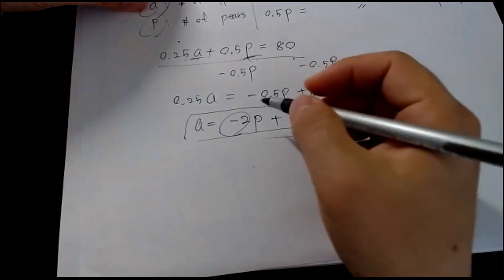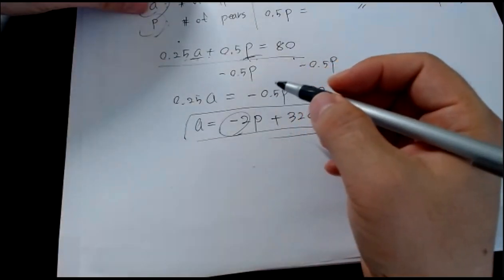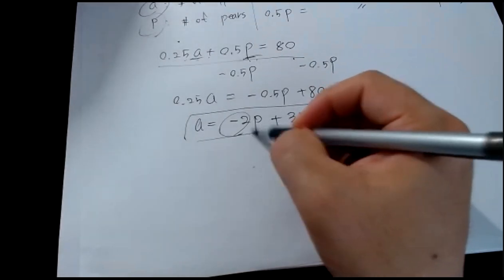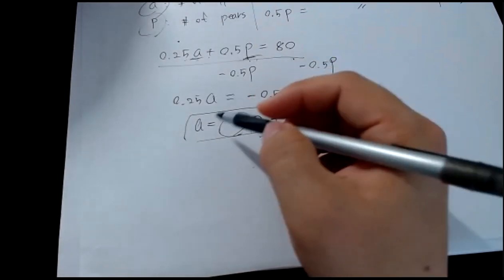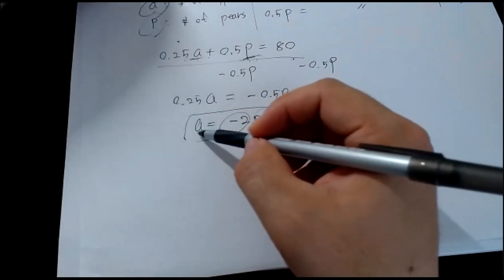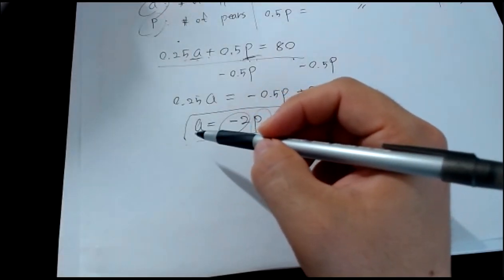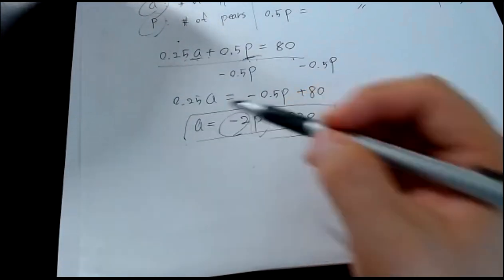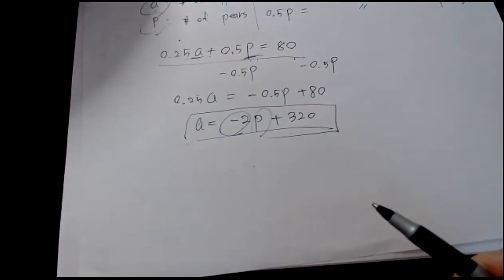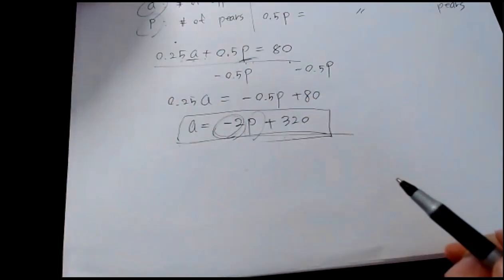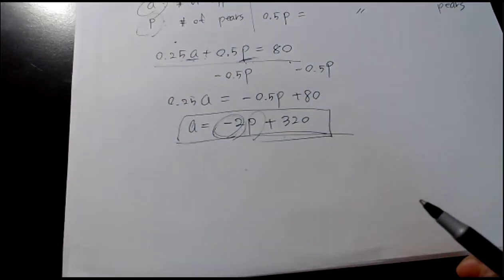Understand what I'm saying? If the manager buys 1 more pear, the number of apples will decrease by 2, because he has to keep the total cost at $80. That's the meaning of the slope. This is the application of example 11.